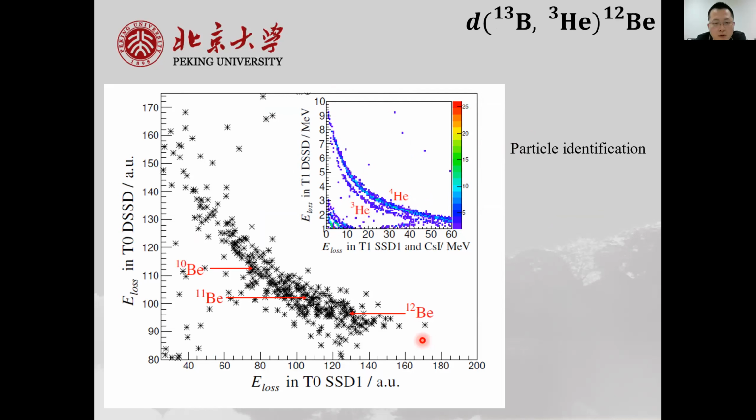But as for the beryllium isotopes, they also suffered from poor resolution, and we can barely distinguish them. So in the analysis of the experimental cross section, we include all of the beryllium isotopes in the calculation.